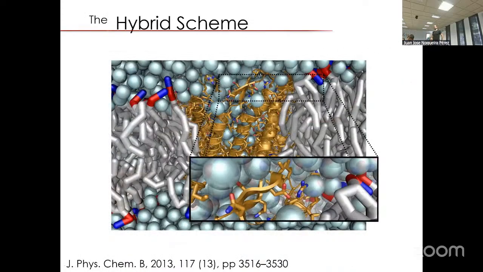You have another alternative, called the hybrid scheme, where you simulate atomistic stuff in the middle of coarse grain. How this would work is that you have some virtual coarse-grain particles that are mapped on top of the atomistic ones. So the interaction with the coarse-grain world is done via these virtual beads, but the interactions of atomistic with atomistic would be at the atomistic level. That would allow protein folding to occur and such. So that sounds great.